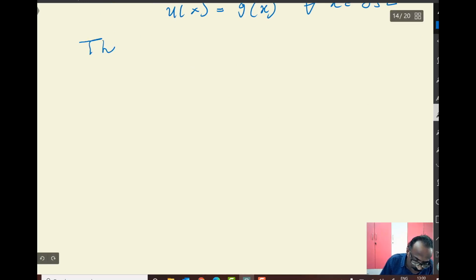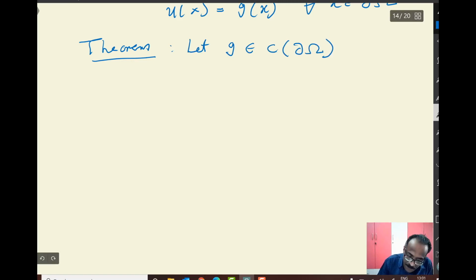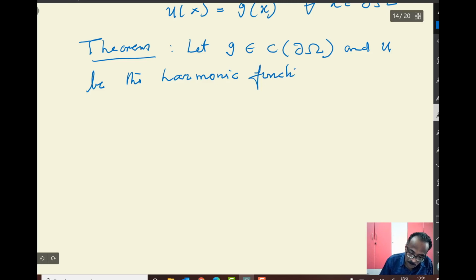Again, it's not very difficult, but you need to cleverly use the theorem. Let g belong to the continuous functions on the boundary, and u be the harmonic function defined earlier, which we already proved is harmonic.